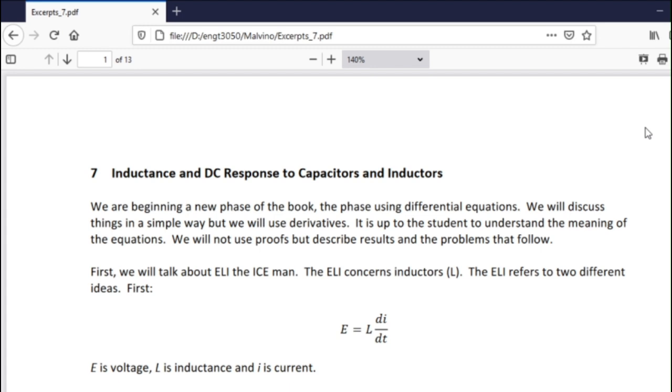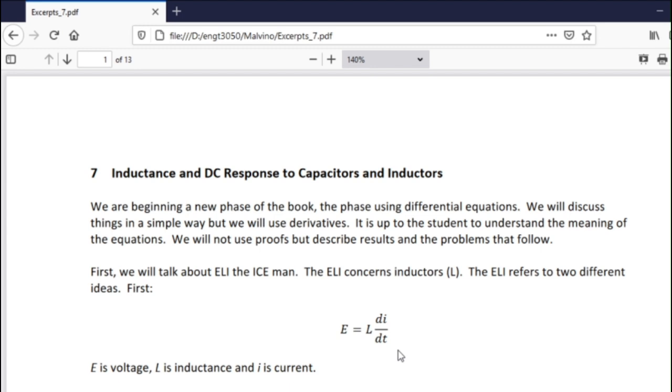The first one we talk about is the inductor, and we can look at the equation for an inductor. It's voltage equals inductance, or L, times the derivative of current with respect to time. That's a fundamental equation that you can carry around with you, tuck it in your pocket. While I may not remember it exactly, I remember the guy Eli.